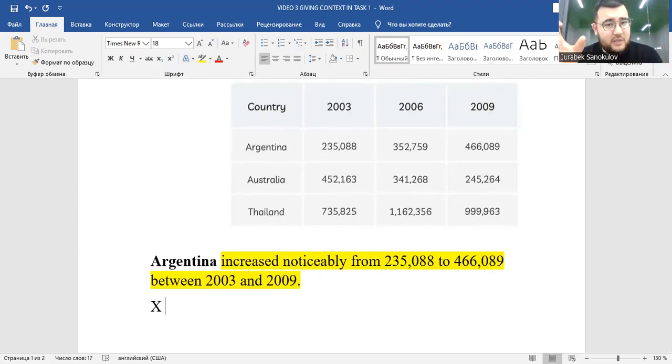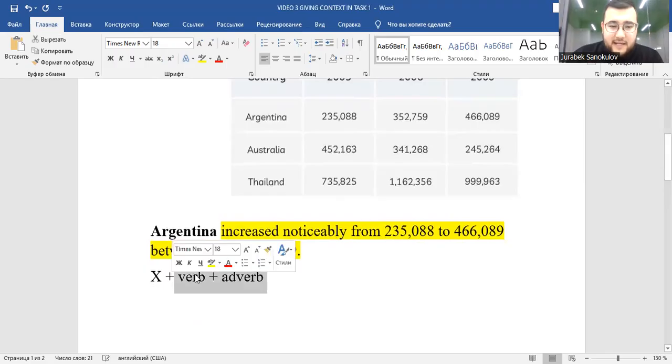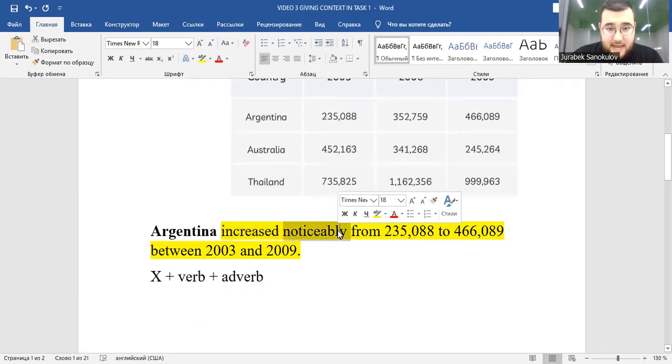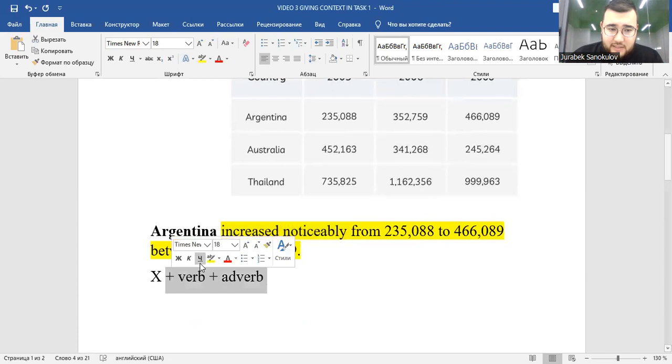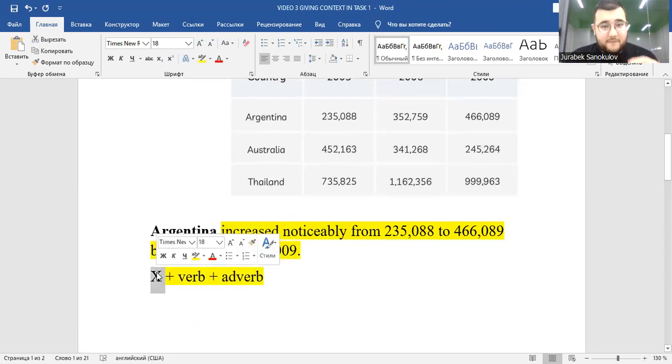The general appearance of verb sentence structures, for example, is this. You say verb plus adverb. So there's no mistake in this sentence as well. If you see verb plus adverb, this part is correct, but the mistake is in this part.